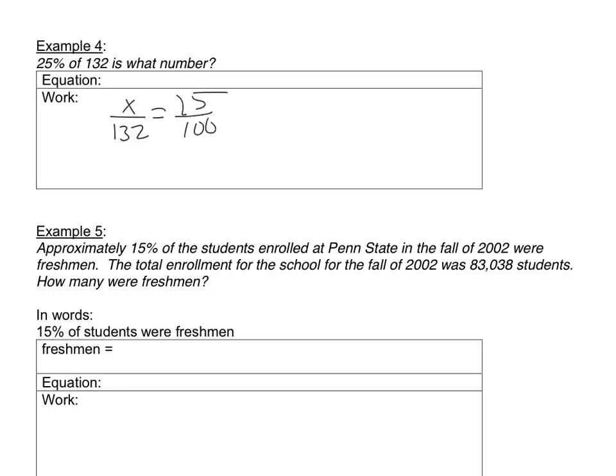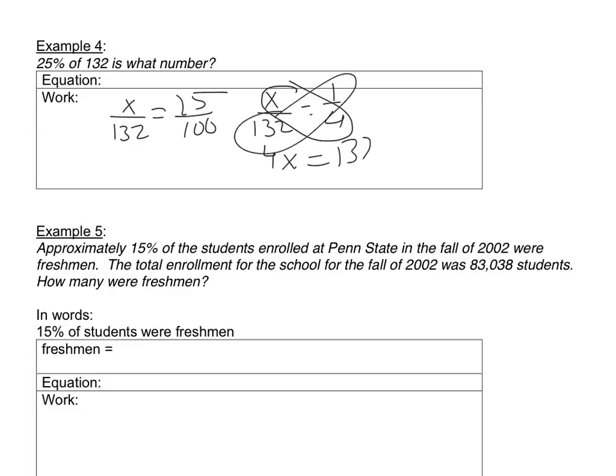Now this one would be easy, hopefully, to simplify to 1/4, just because you should know 25% is a quarter. So if we cross multiply here, you get 4x equals the 132. Divide by the 4, and you get x equals 33. Okay.